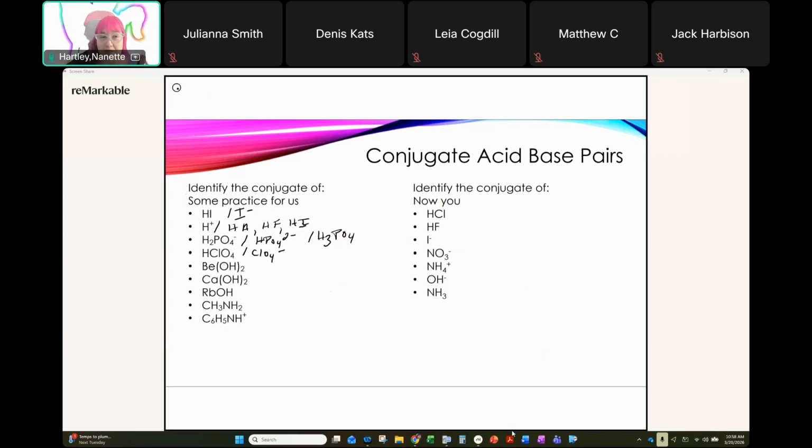Because we already got the H plus. So if I add another H plus to it, then that's turning an acid into an acid. And I don't want to do that. Since I've got that H plus, I need to turn it into a neutral compound.